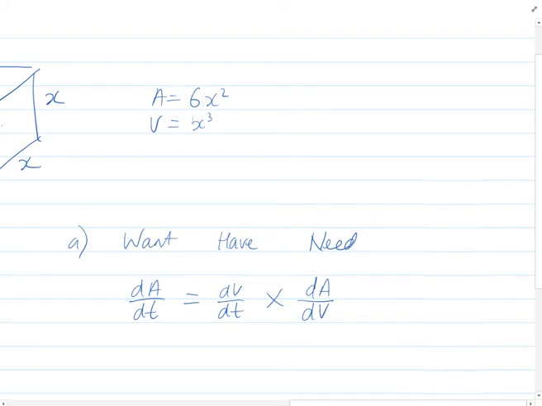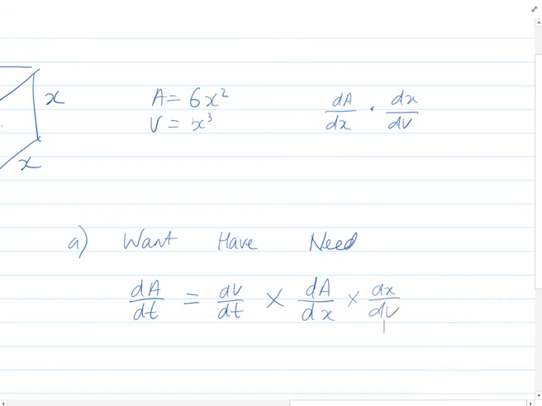Although we've got different powers here, so what we could also do is since we've got area, we could go dA by dx times dx by dV.